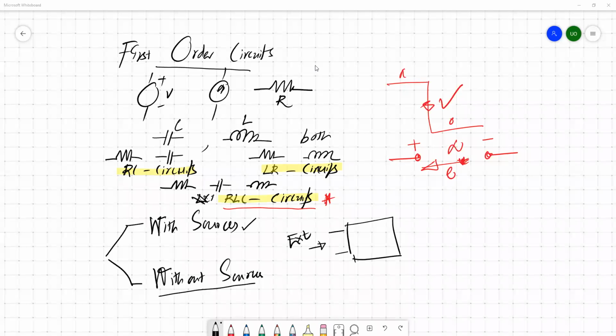So there may be a situation where you don't have any sources in the circuit, but the circuit is powered from the stored energy of the capacitor or the inductor.